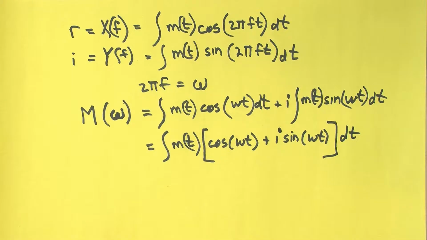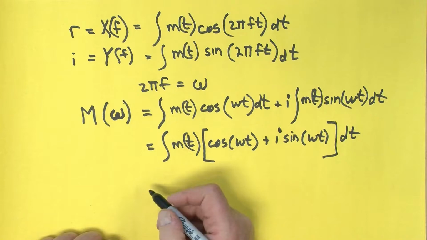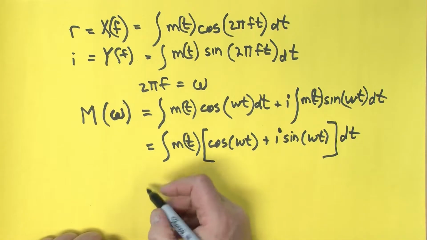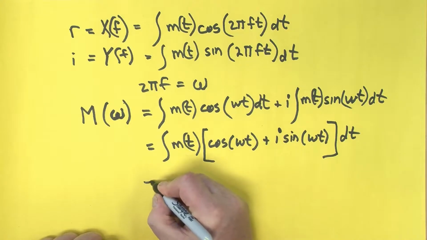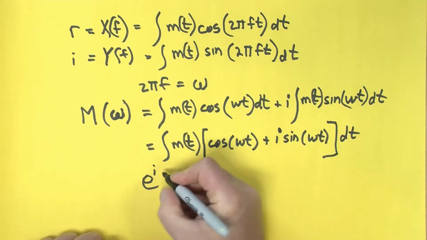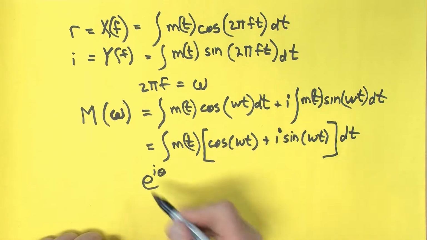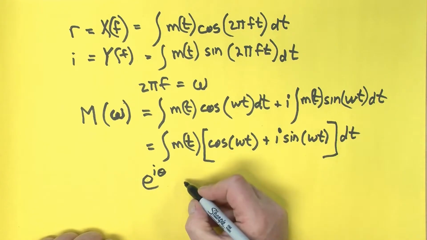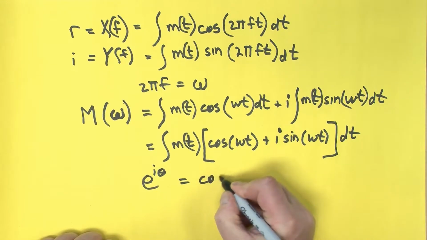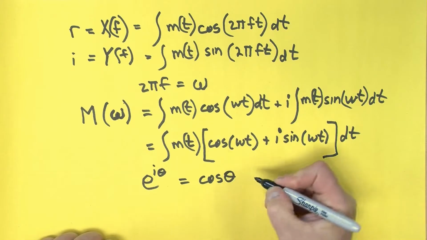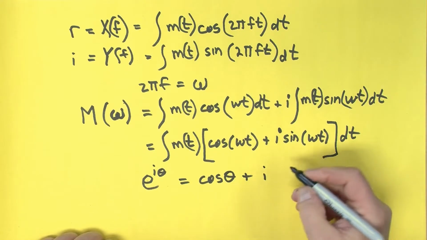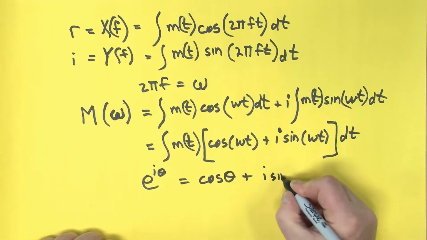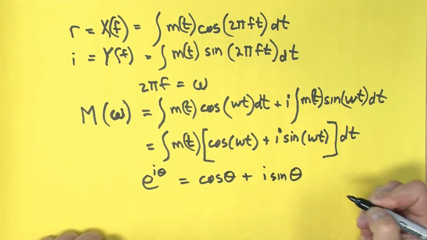And you could be saying now, why on earth would he have bothered doing that? It just makes it even more complicated. Well, it's because of this magical equation, Euler's formula, which is e to the i theta, where e is 2.7 something something, equals cos theta plus the imaginary number i sine theta.